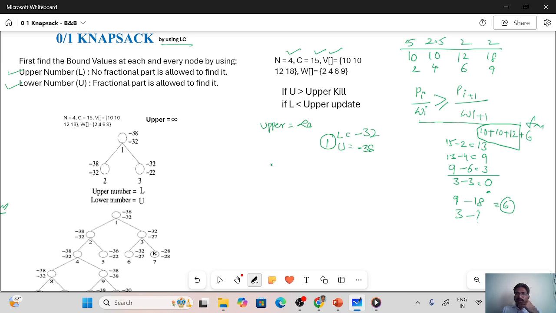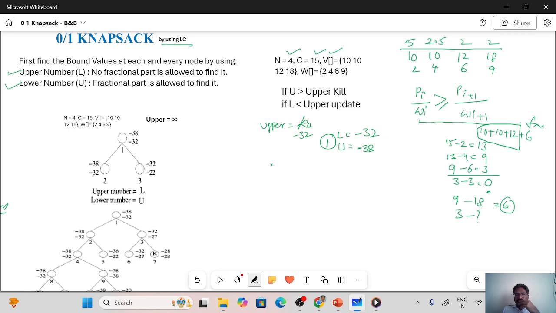Better to fix the labels L and U and upper. If L is less than upper, then update the upper. So what is our L value? Minus 32. What is our upper value? Infinity. Minus 32 is less than infinity. Yes. Now we will update the upper. What is the upper now? Minus 32. So now which node having the least upper, we are going to consider that first.